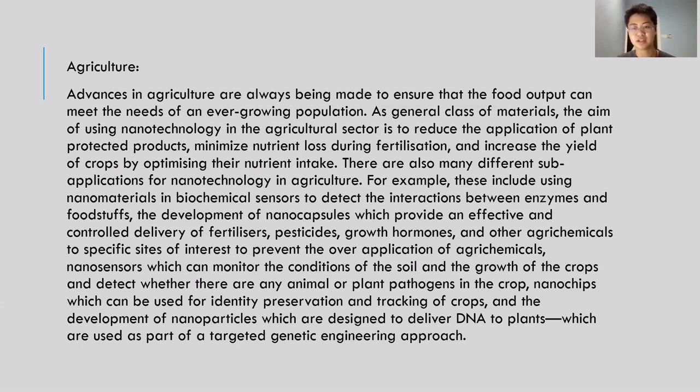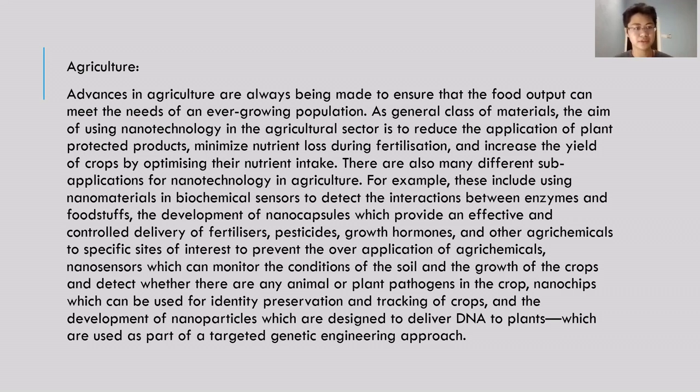For example, these include using nanomaterials in biochemical sensors to detect the interactions between enzyme and foodstuffs. The development of nanocapsules which provide an effective controlled delivery of fertilizers, pesticides, growth hormones, and other agri-chemicals to specific sites of interest to prevent the over-application of agri-chemicals.